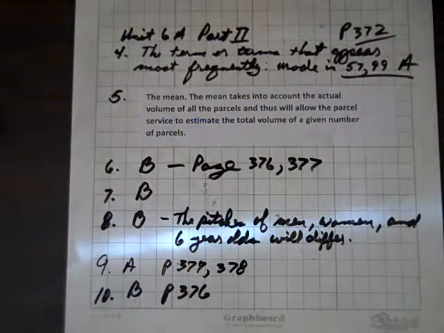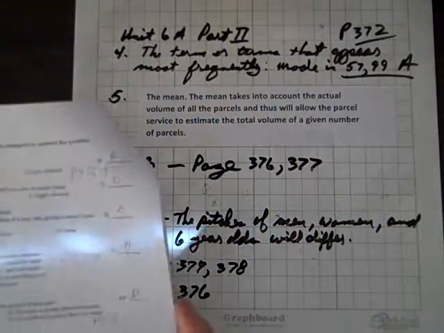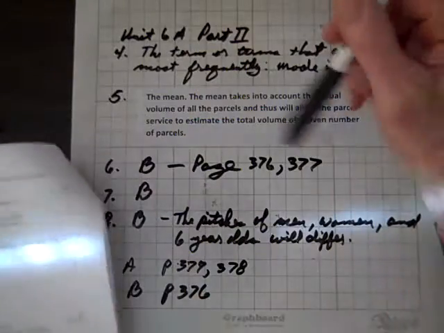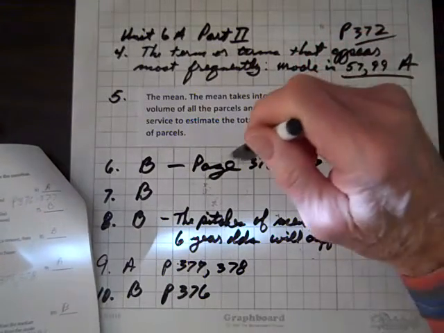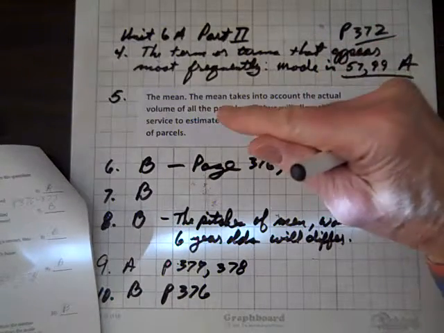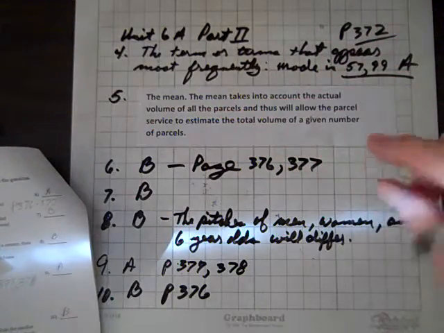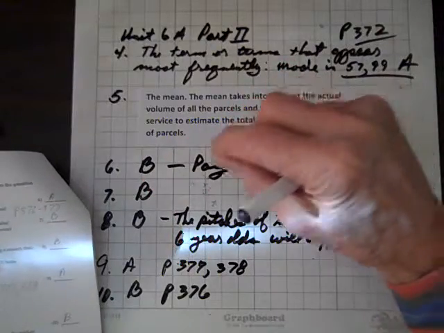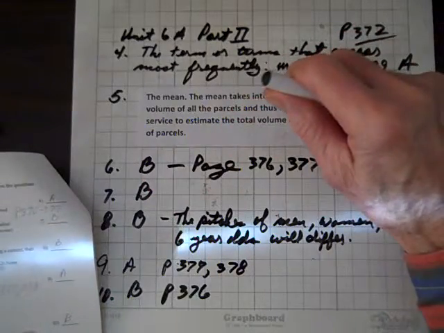Now for 6, please go to page 376 and 377, and we're talking about symmetry and left skewed and right skewed. And the skew always happens. It's the narrow portion that always goes in the direction of the outlier.